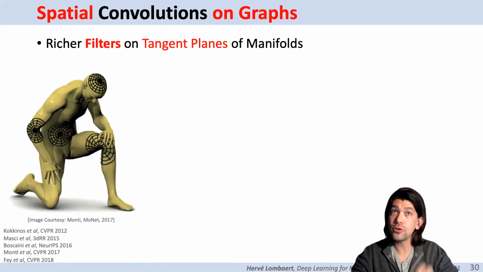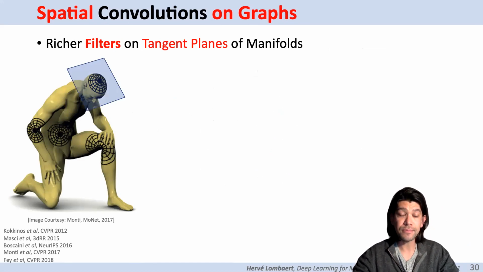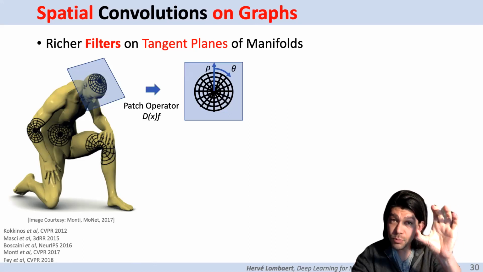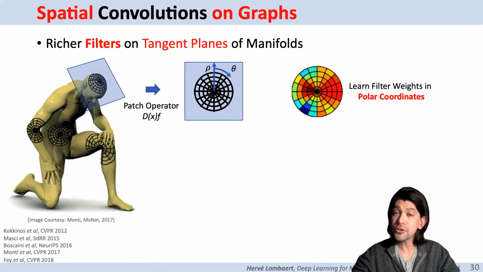So one way to try to build richer kernels. This is not a spectral graph convolution anymore, but we call it a spatial graph convolution. So we do have here a regular mesh. Imagine tangent planes now on the graph. And on these tangent planes, you can have small patches, and those patches can be represented using a polar coordinate system. So that's great. Using those polar coordinates, you can learn different values that spread within a small neighborhood of a point here.